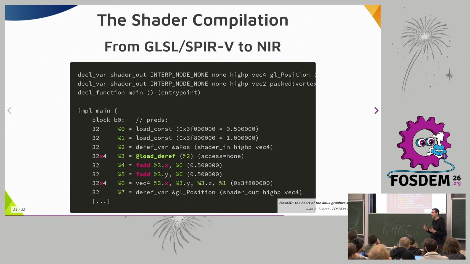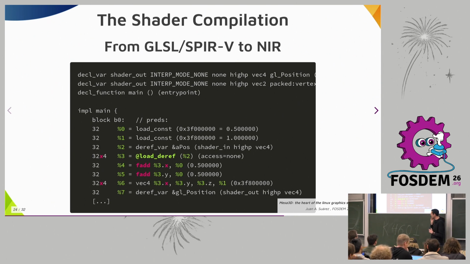For instance, if you have an operation that says A plus A, you can simplify that as twice A. It really depends on whether it is faster or not. Common subexpression elimination, dead code elimination: if you have code that is never going to be executed, it removes that. All those kinds of optimizations are applied in this NIR step. Lowerings are also applied. Basically, lowering is replacing a more complex operation by different, simpler operations.